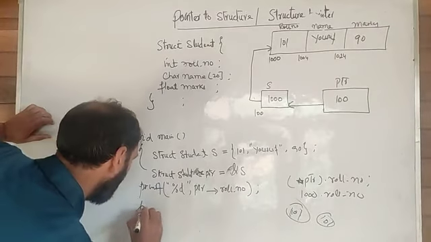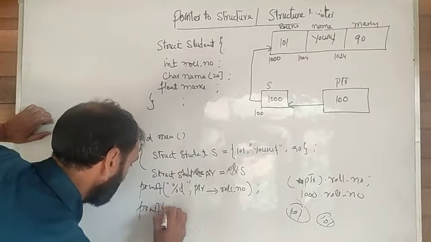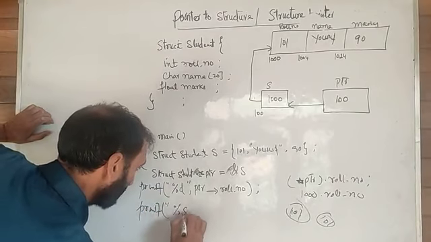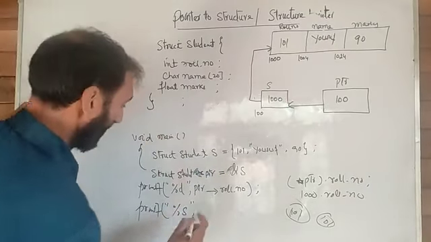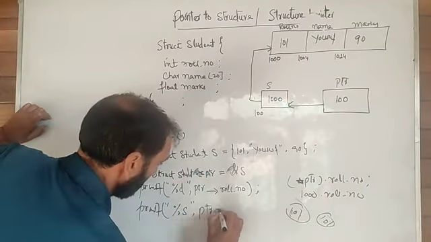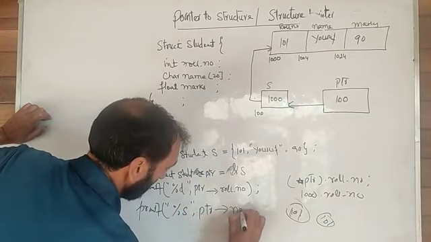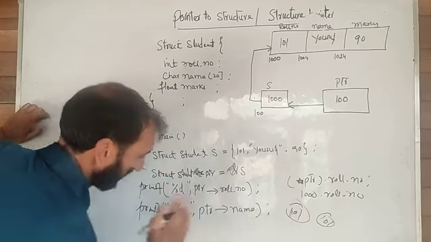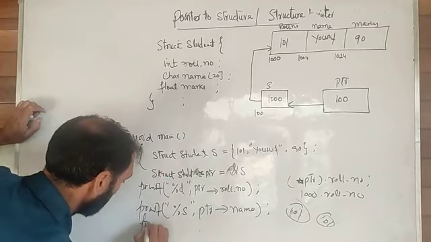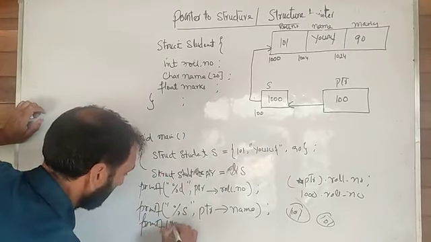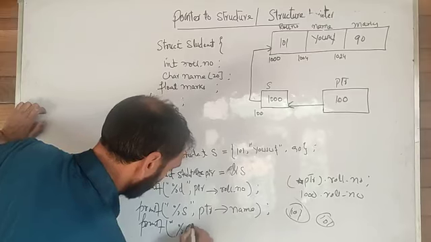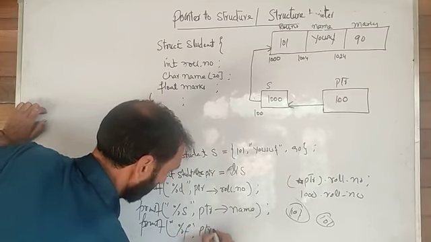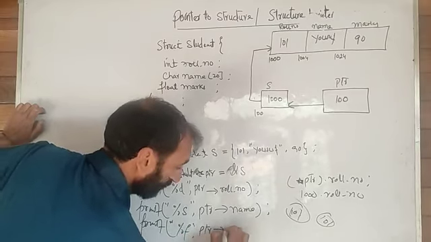Now, for example, we want to print a %s of the name, because the second member is the name: ptr arrow operator, and simply the name of the structure member. And similarly, we can write here %f, ptr arrow marks.